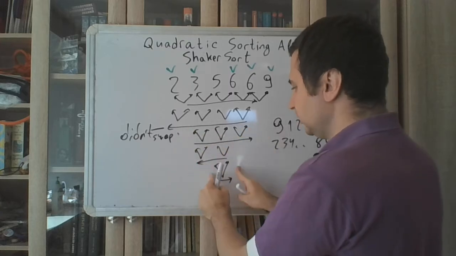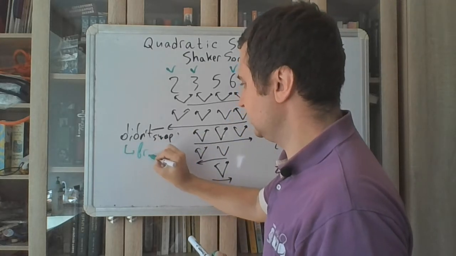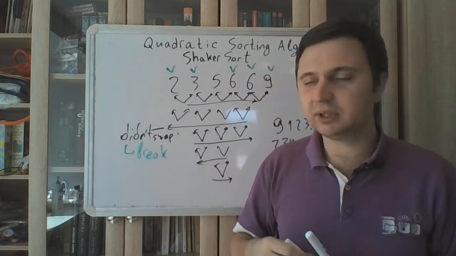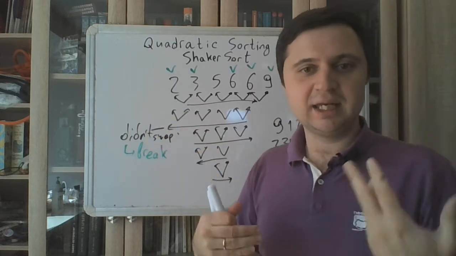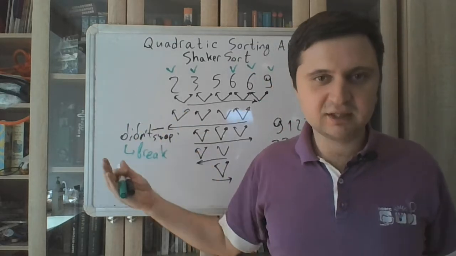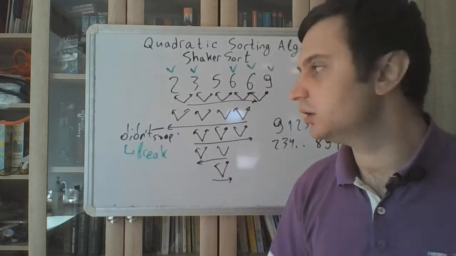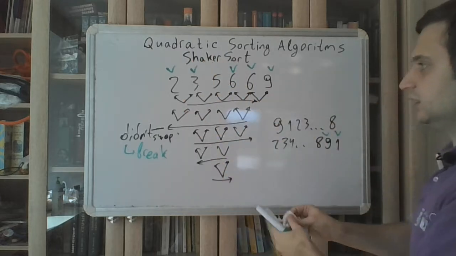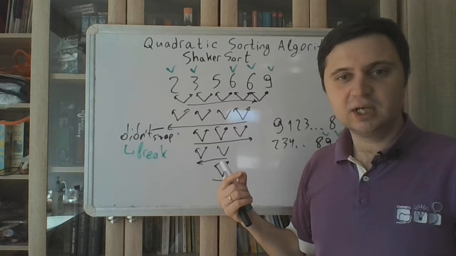So these guys will also not swap anything, and you can break once again. So you can once again introduce this Boolean variable. If some long iteration didn't swap any pair, then break the entire algorithm. Your work is already complete. You can do it once again in shaker sort.